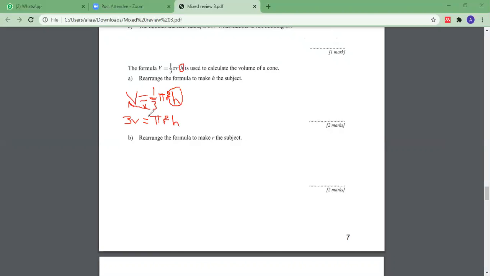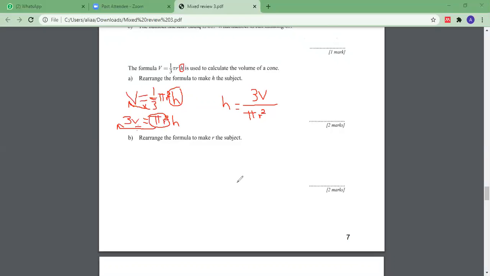And then pi r squared, I will take it as it is to the other side by divide. So h equals 3V over pi r squared.